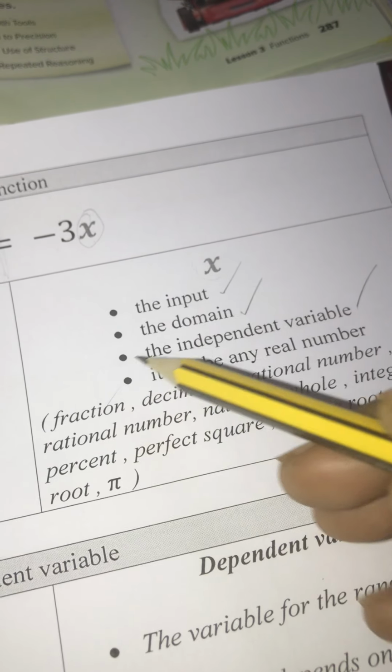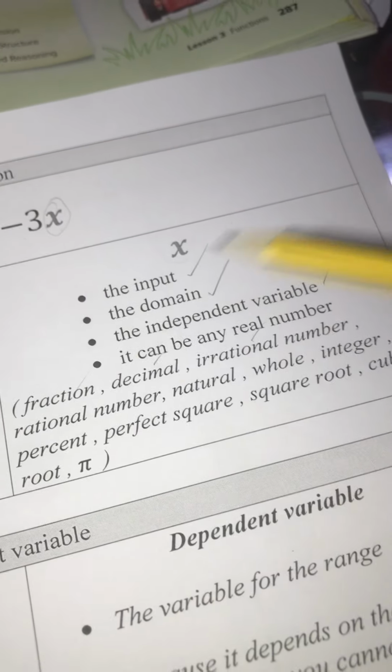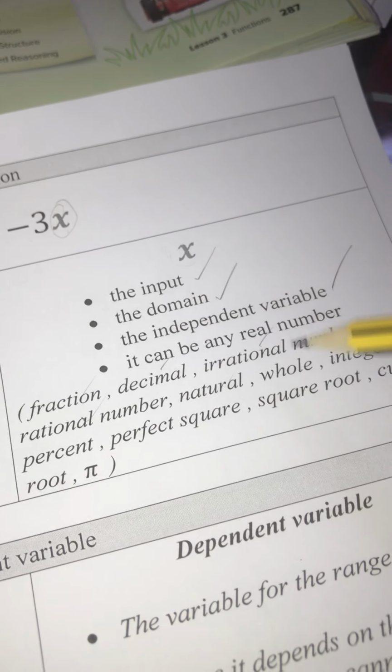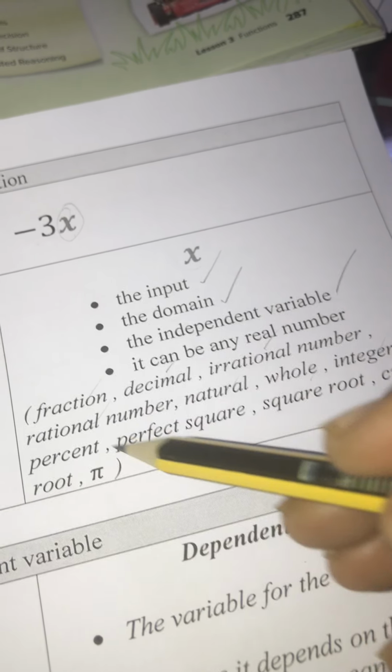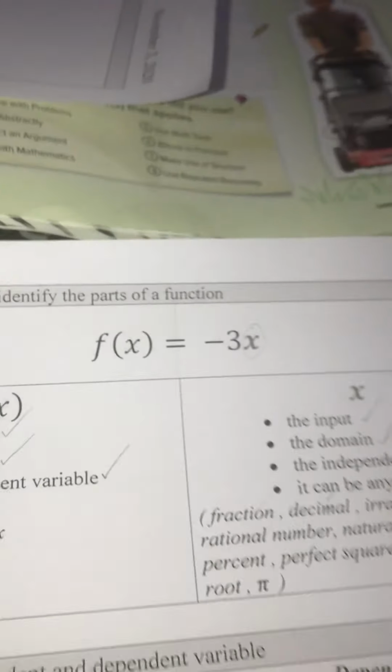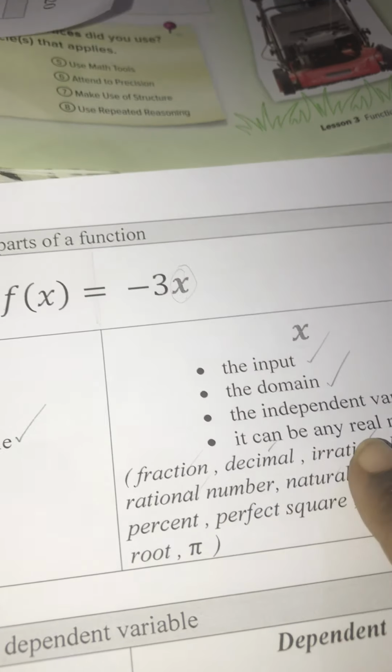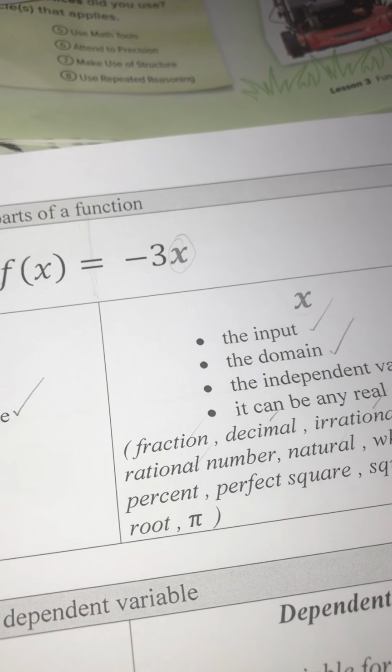That means it can be a fraction, a decimal, irrational number, a rational number, natural, whole, integer, percent, perfect square, square root. All those names we learned in term 1 for real numbers. We use them here for the input.